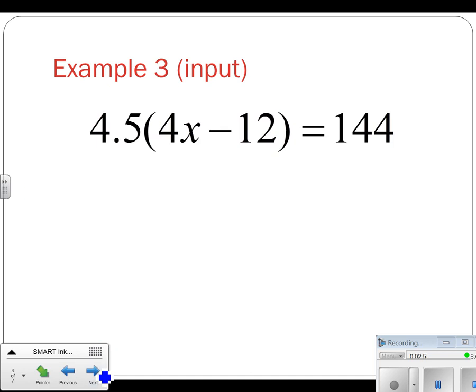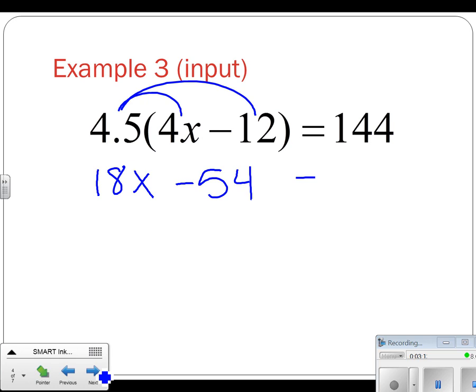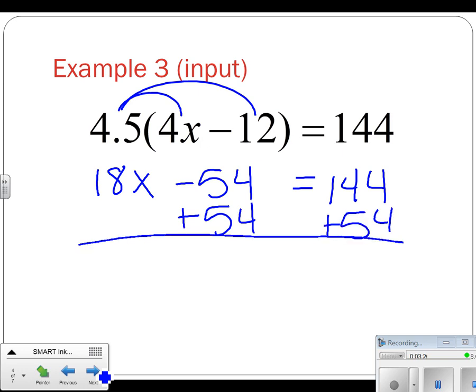So, similar to example 2, we have to get rid of the parentheses first. So 4.5 times 4x gives you 18x. 4.5 times negative 12 gives you negative 54. And that equals 144. You're going to add 54 first to both sides. That simplifies to 0. 18x is the same as 198.